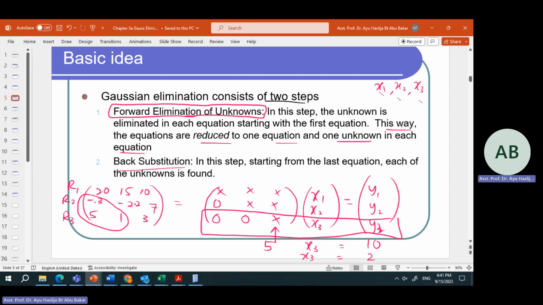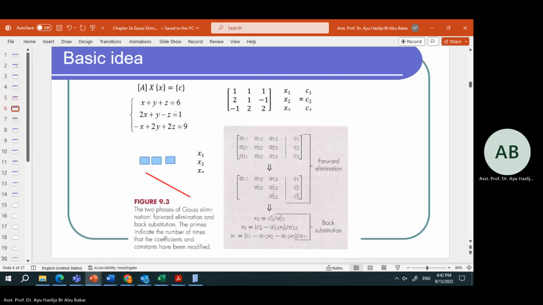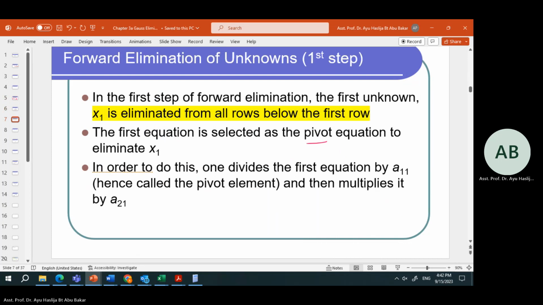In order to zero this, you will need to pivot the first row. You will use this as the basis, because you will need to divide the first equation by A11. A11 here is the first row just now.